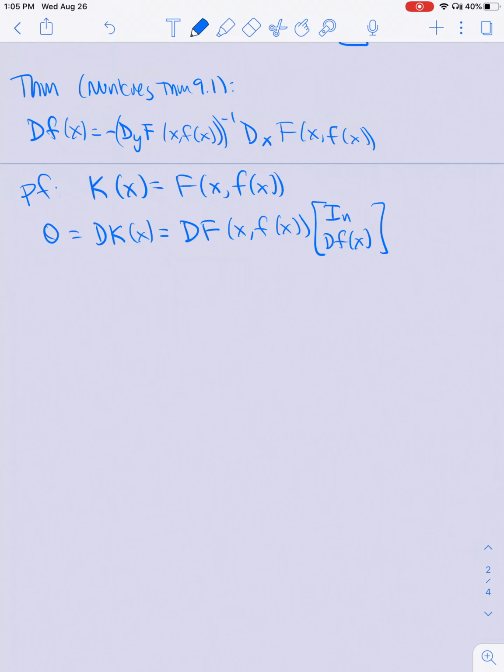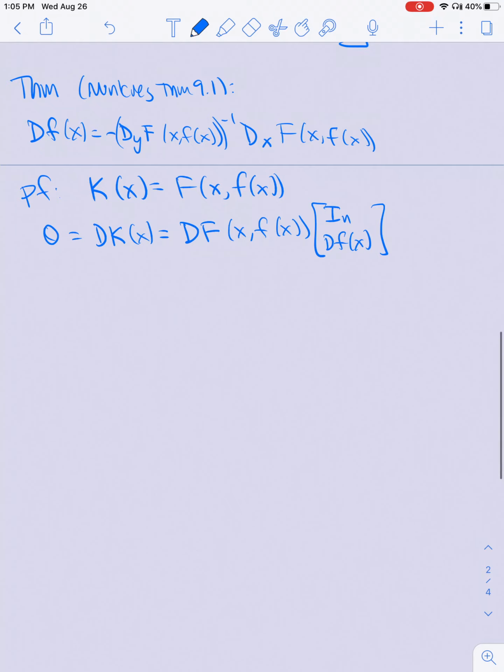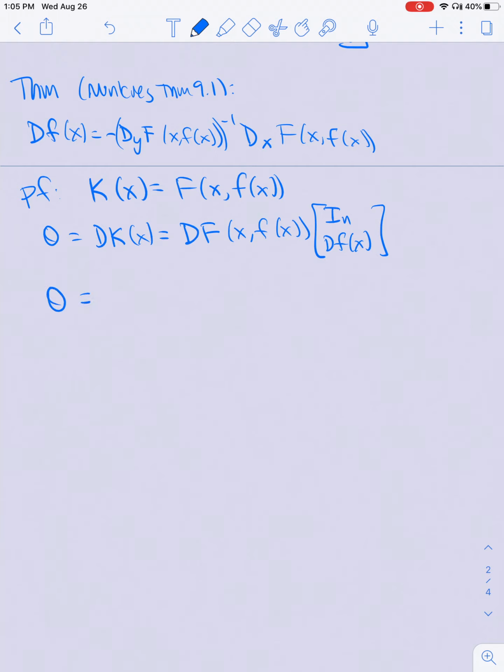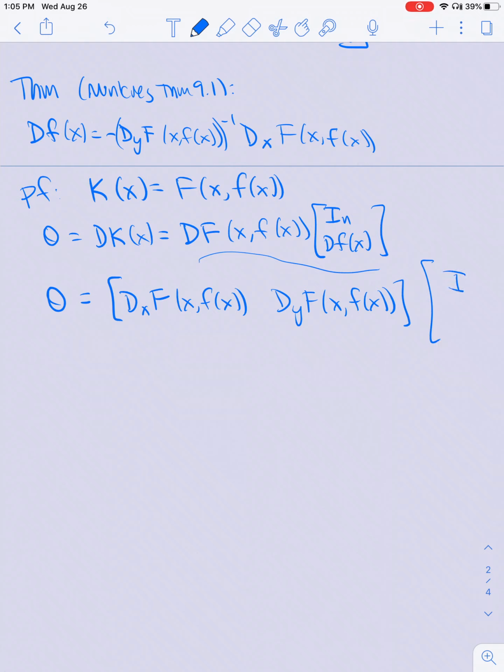Okay, and then now this equation tells me that 0 is equal to this stuff, and I'm going to rewrite df as d_x f at (x, f(x)), d_y f at (x, f(x)), multiplied by this matrix.